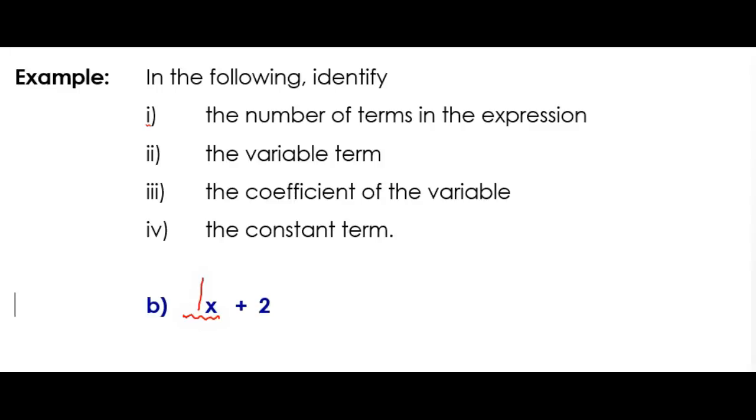And so I often recommend to students that they actually put in the 1 as a reminder that they need to consider that as being 1x and not 0x. So the number of terms in this expression, I see that there are also 2 terms. The variable term is my 1x, or just simply x. The coefficient of the variable in this case happens to be 1. It's the value being multiplied by the variable. And the constant term is the 2 because it is not able to be changed.